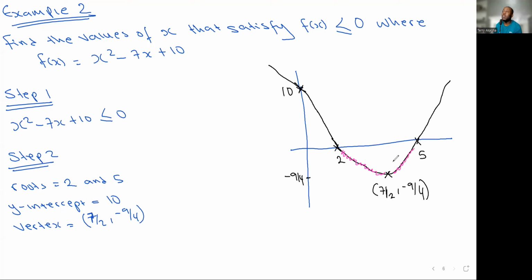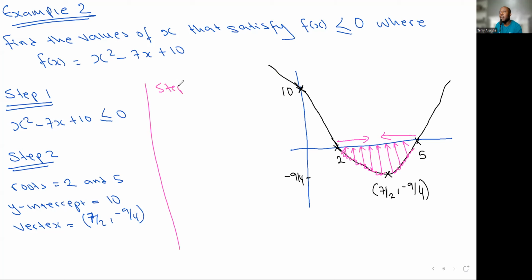Because this is the line below, any x-values related to this line below are part of the solution. So you will notice that it is numbers that are greater than 2 and also less than 5.